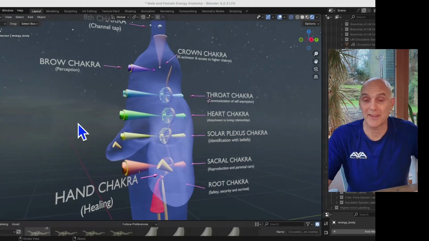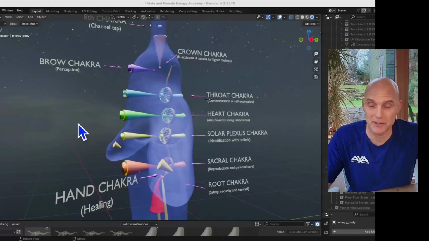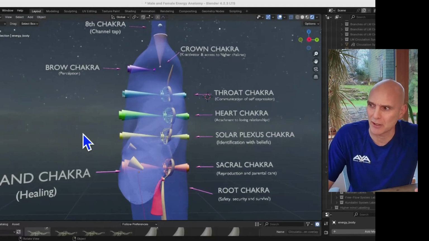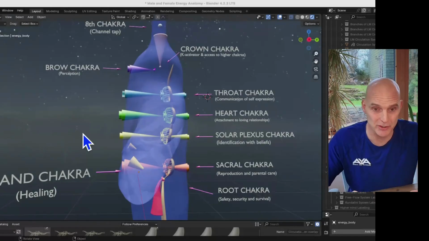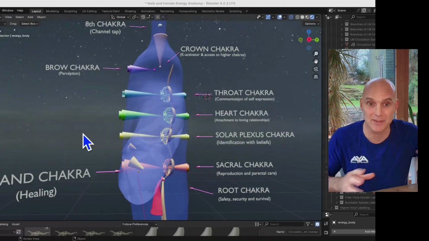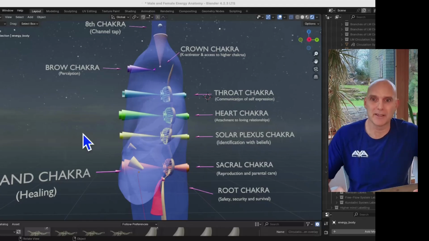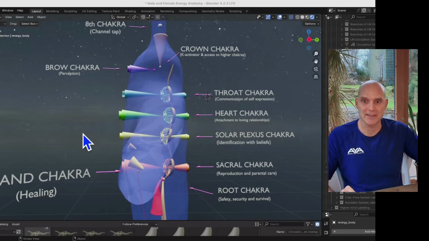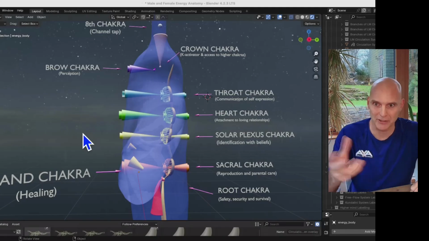But they all do that energy pump function as well. So if we're going to define a chakra, let's use that as a definition, that they all pump energy. And then after that, loads of them do lots of other things as well. It's a bit like the pancreas that has a dual function, an endocrine function and an exocrine function.